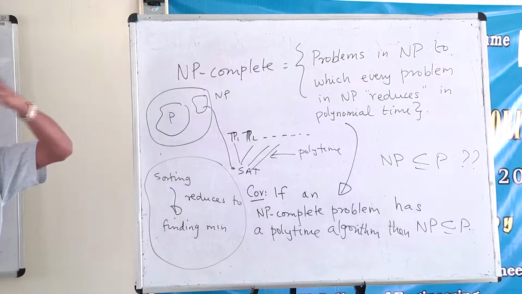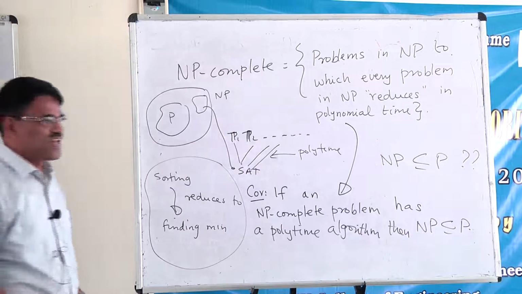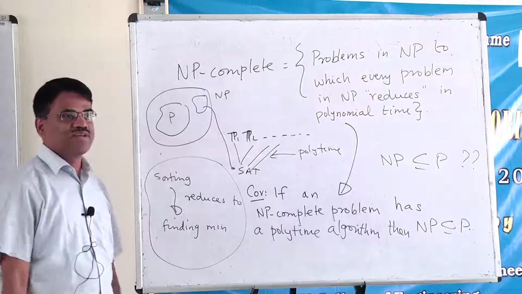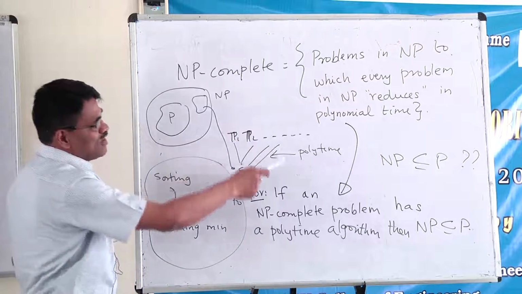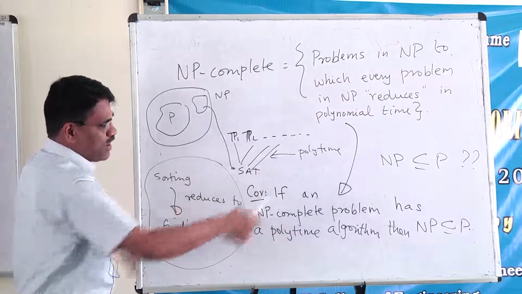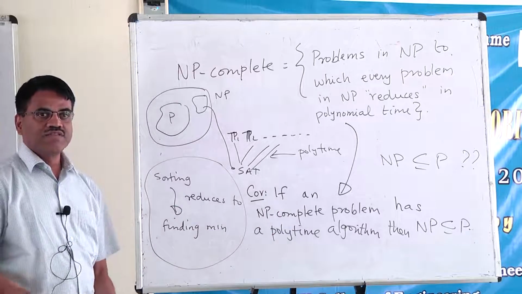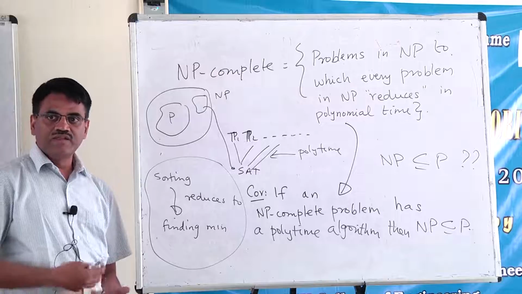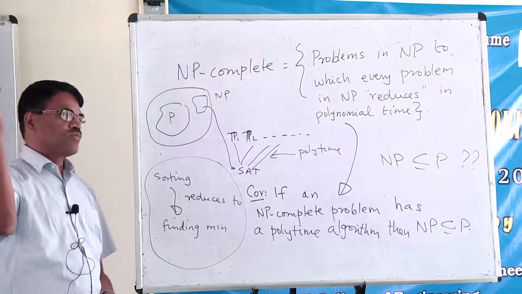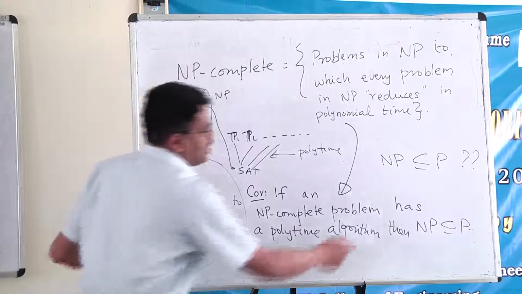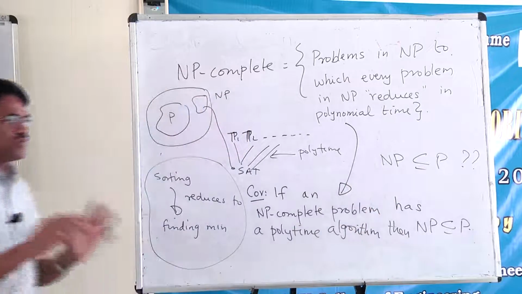Because that's how we have loaded the definition. That is actually the definition of an NP-complete problem, because every problem in NP reduces to this in polynomial time. That means I can use an algorithm for this as a subroutine to solve every NP problem in polynomial time. So every NP problem will belong to P, and we would have settled this problem.